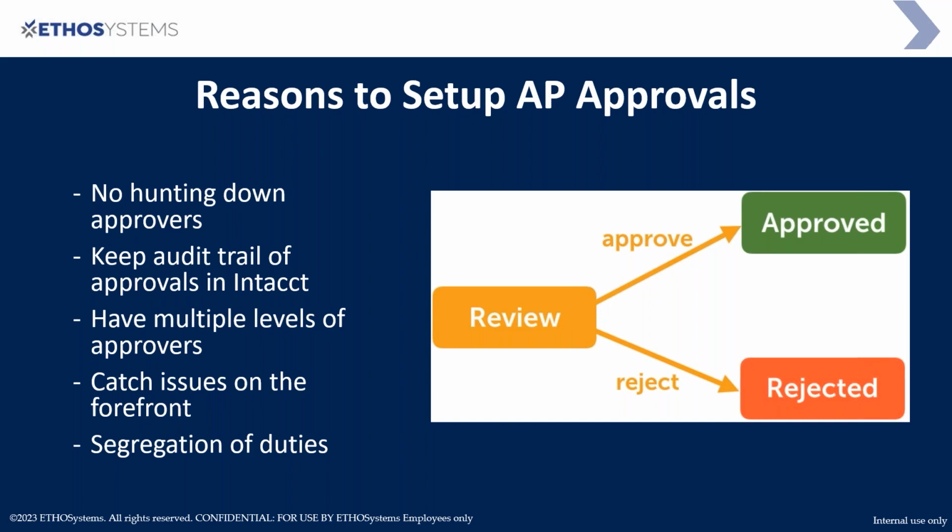Having these approvals in place helps us catch issues and get the invoices updated to the right coding so that we don't have to do a lot of reclassing later on, and also to make sure they are linked to the right entities to pay from. So these are some of the good reasons to set up accounts payable approvals in Sage Intacct.